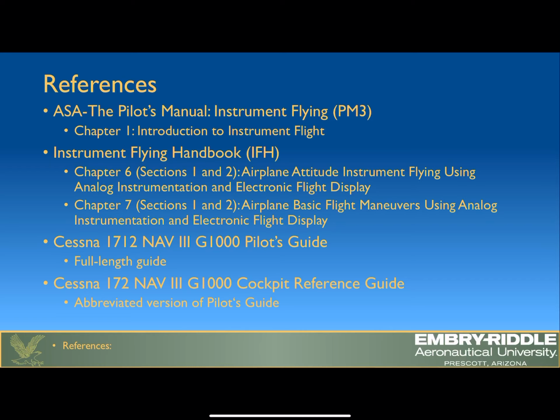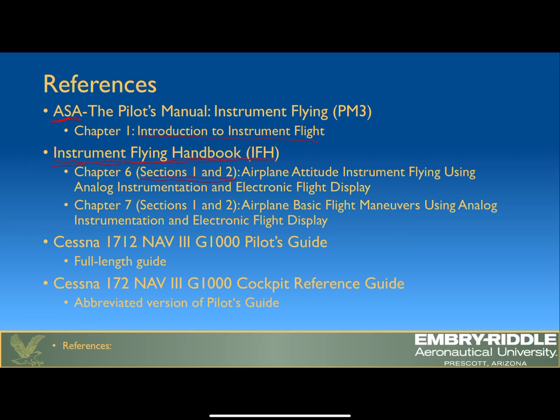For our references, we're out of the ASA. If you have that book, The Pilot's Manual Instrument Flying, Chapter 1, Introduction to Instrument Flight. And then Instrument Flying Handbook. Again, this is our primary source for this class. We're in Chapter 6, Sections 1 and 2, the airplane attitude instrument flying using analog instrumentation and electronic flight display, as well as Chapter 7, Sections 1 and 2, airplane basic flight maneuvers using analog instrumentation and electronic flight display.